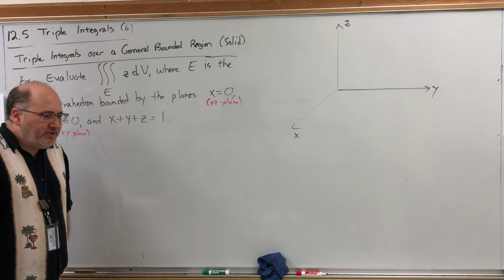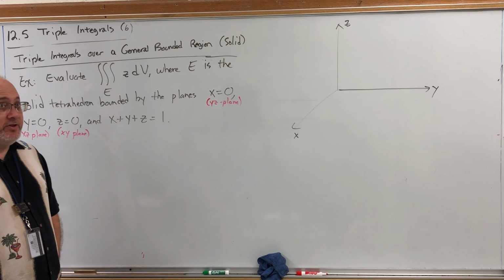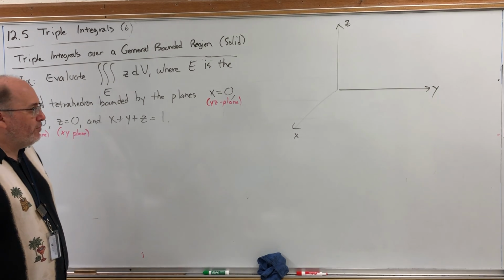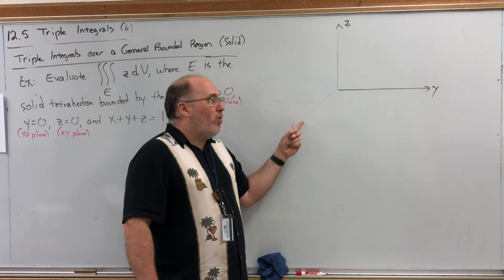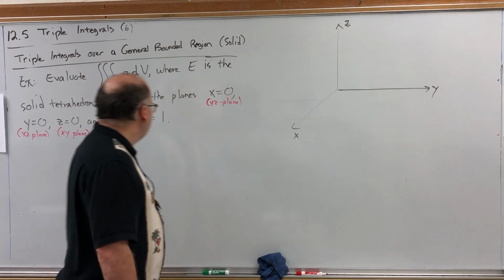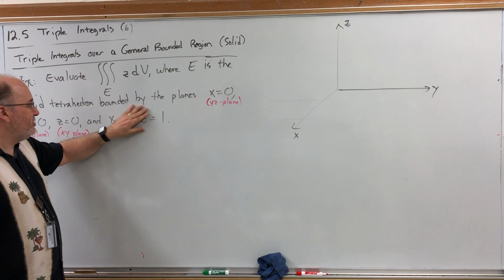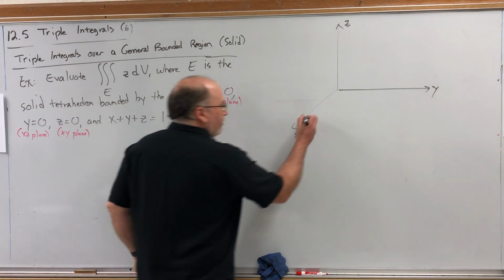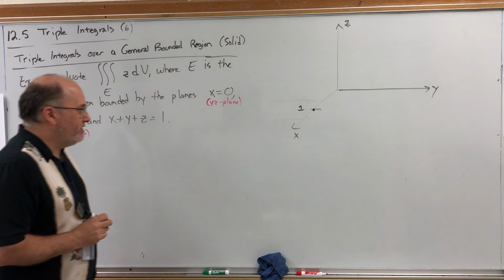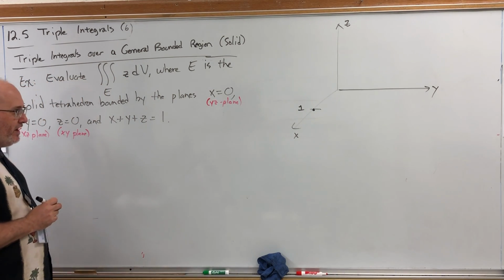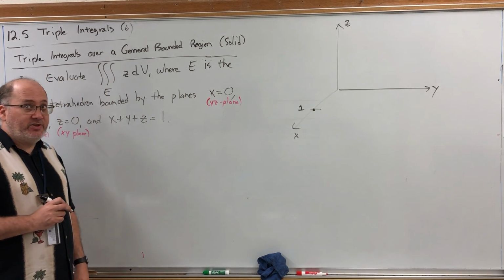If you're sketching the plane, sometimes the easiest thing to do is to locate the intercepts. For example, let's find the x-intercept. To be on the x-axis, both y and z have to equal 0. And if I put 0 for y and z, I get x equals 1. So this third plane is going to intersect the x-axis at 1. And in fact, it's going to intersect all the axes at 1.